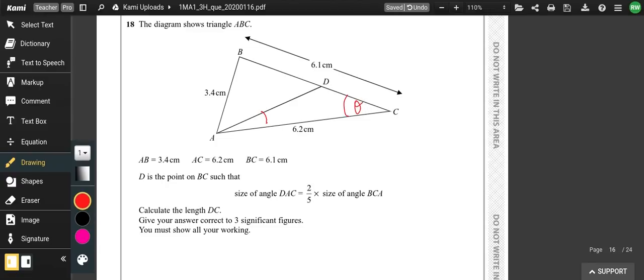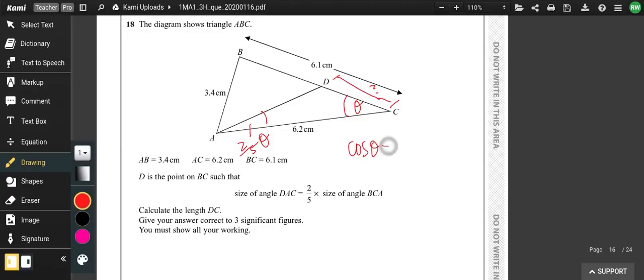So if we call that theta, this one will be 2/5 of theta, and we have to calculate the length DC. If we're trying to find DC, then we need to know theta so that we can use sine rule on it later on. We have all three sides here, so we can find any of the angles in the triangle ABC that we want. So we might as well go for theta.